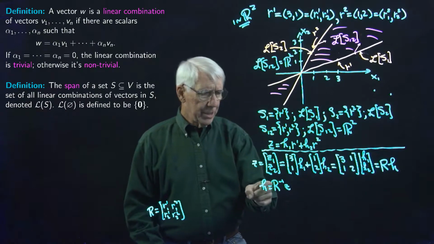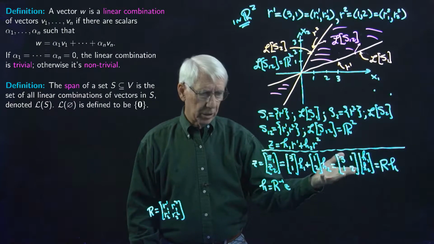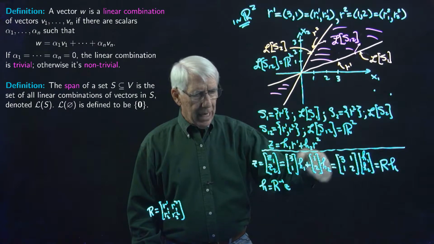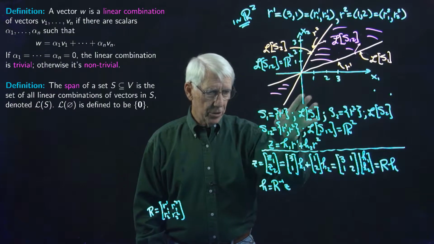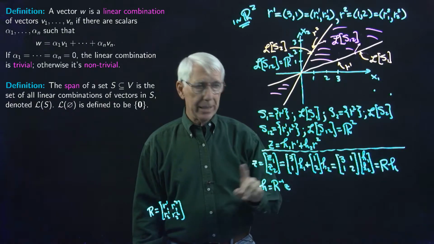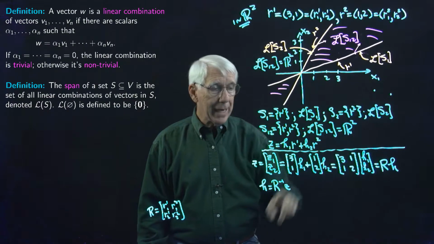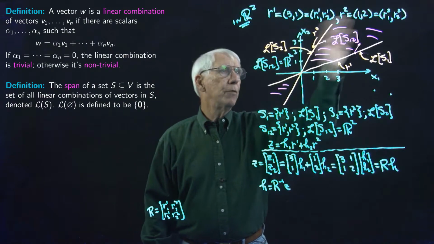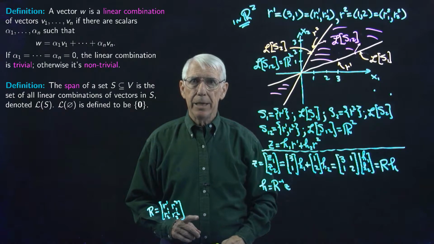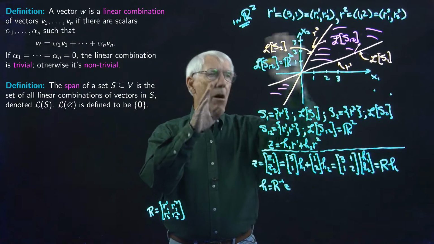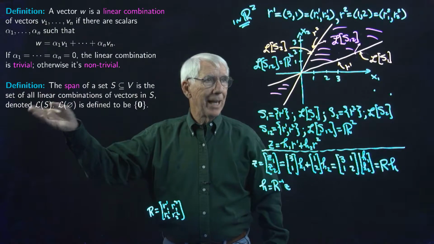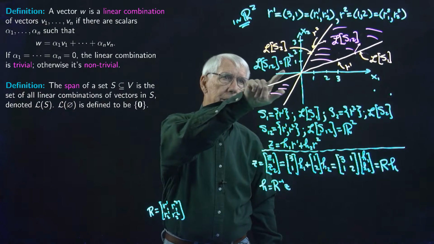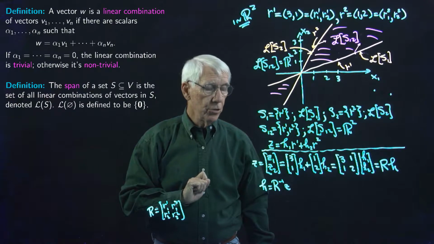So if R is invertible, if R is non-singular, then indeed I can solve for any z vector in R2, and that would tell me that my intuition was correct, that these two vectors span all of R2. So in this definition of the span, script L of S12 would indeed be all of R2.